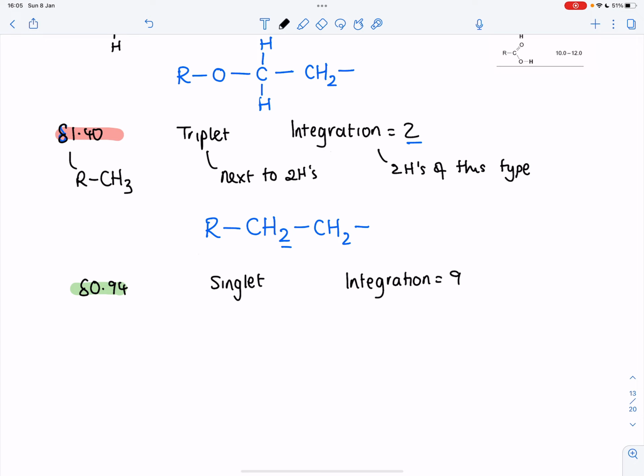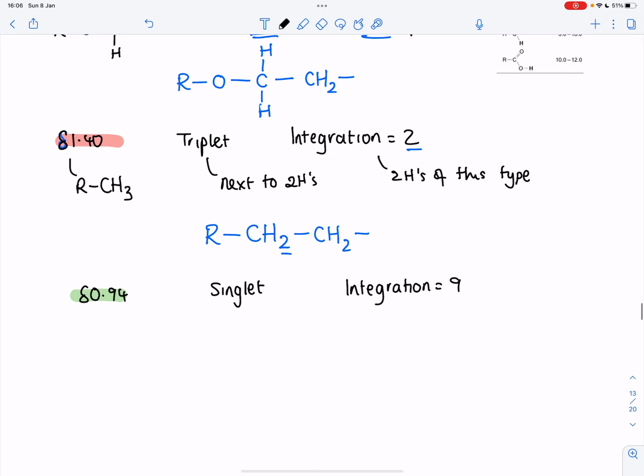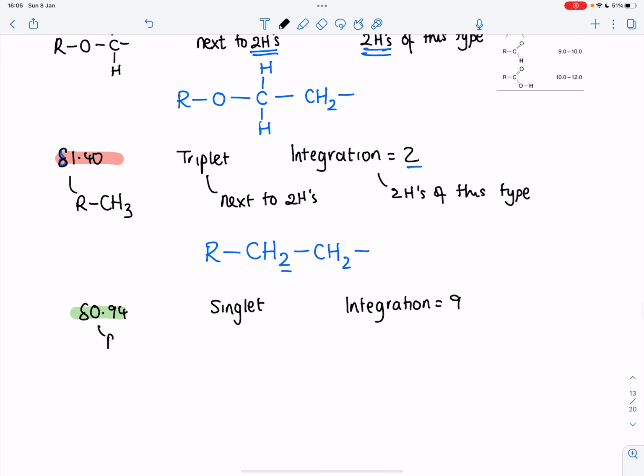It's telling me something different, something that I probably will pull together and know. I know this isn't telling me very much interesting information. It's just like the H's on C's. Singlet, next to no H's. So no H's on the neighbouring carbon. But integration 9, 9 H's of the same type.